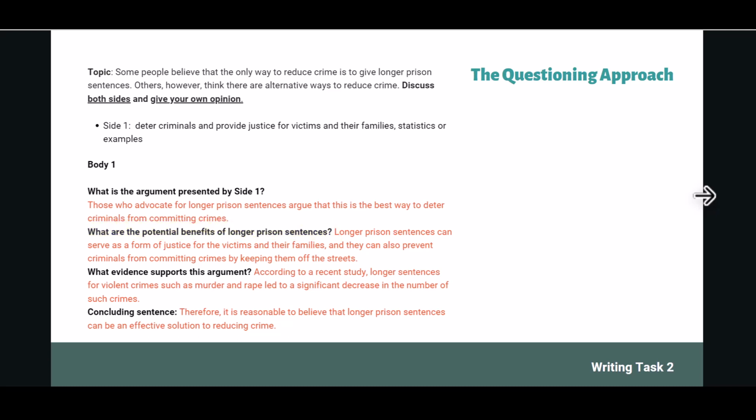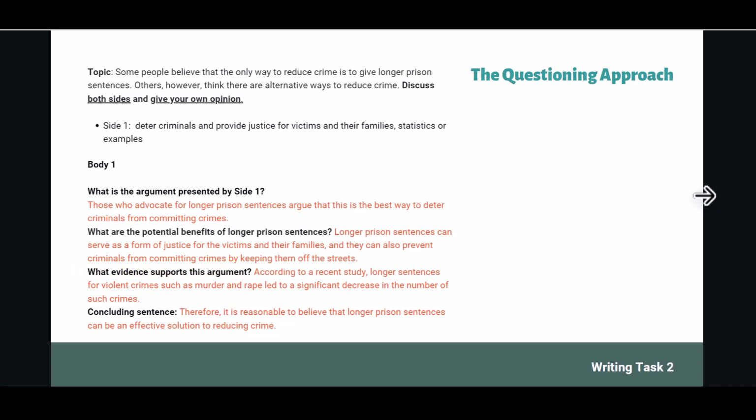Can you provide examples or studies that support this argument? According to a recent study, longer sentences for violent crimes such as murder and rape led to a significant decrease in the occurrence of such crimes.